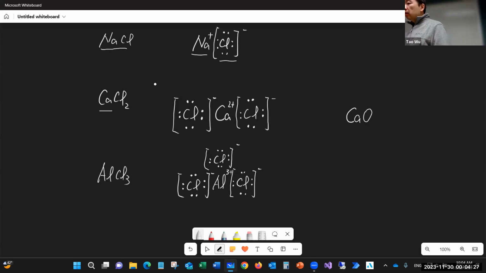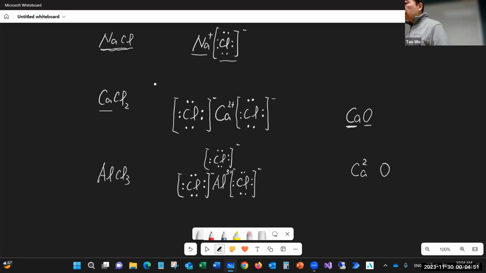Okay, calcium oxide, you see, we have 1 calcium and 1 oxygen. In other words, it's just like sodium chloride. You write calcium and oxygen, and those must be ions: calcium ion and oxide ion.